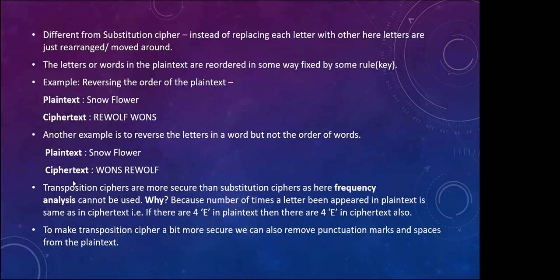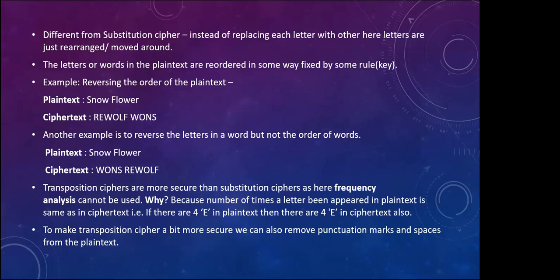Transposition cipher is different from the substitution cipher since we are not substituting. The plain text letters are present as such in the cipher text as well. So we can clearly see that the methods we use for breaking substitution cipher won't work on this transposition cipher.